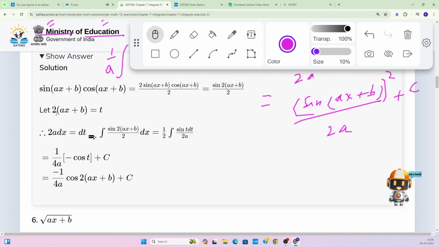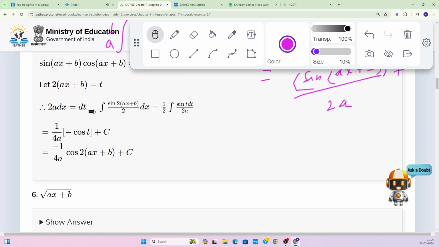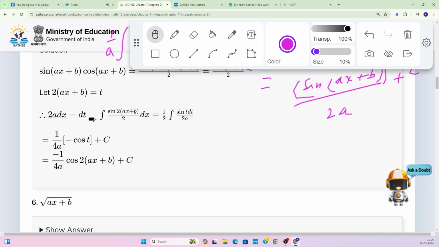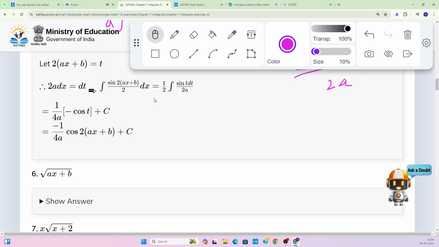Let 2 multiplied by (ax plus b), which is in your angle form, be equal to t. Making this substitution, you will have dt is equal to 2 times a dx. Now you can easily replace your dx. Making this substitution, you will get this as your answer.